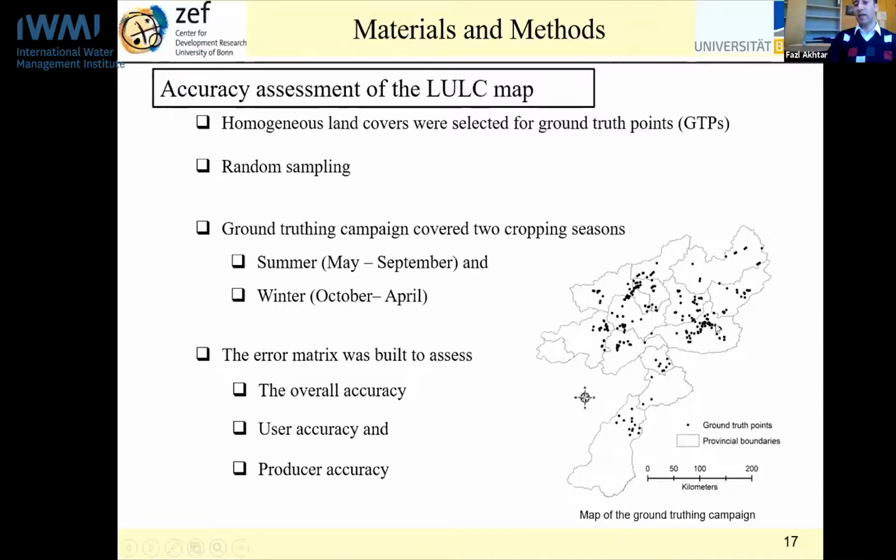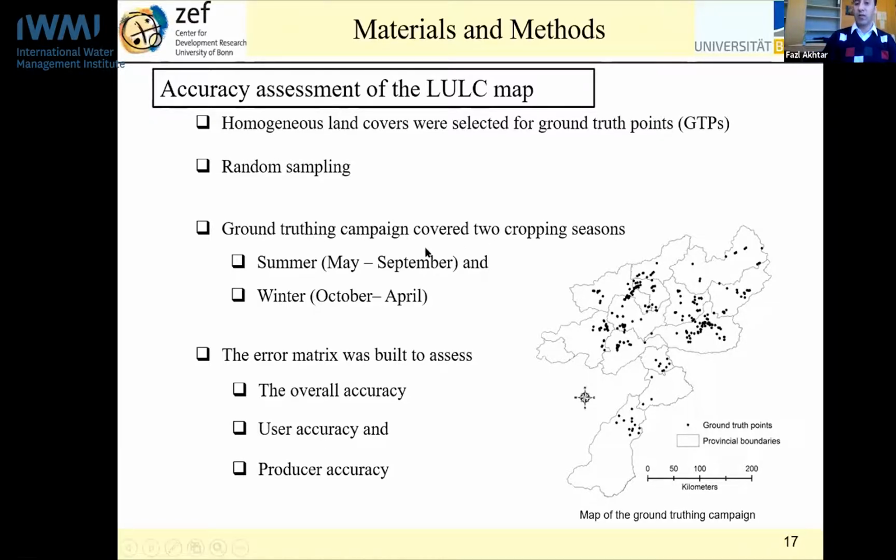The dominant agriculture takes place in the Kabul sub-basin, and then you see Alingar sub-basin and then somewhere in Parwan province, and so on. Those are the places where we got more points to add value to the accuracy assessment of the land use and land cover map.